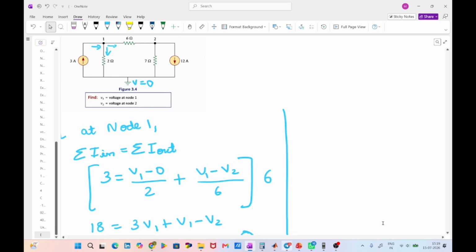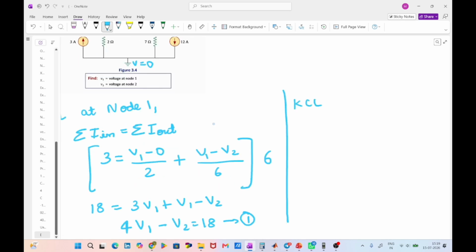Then KCL at node 2: summation I in is equal to summation I out.